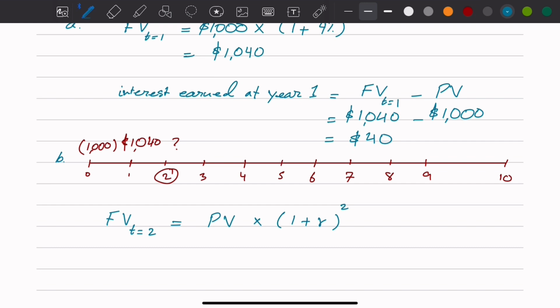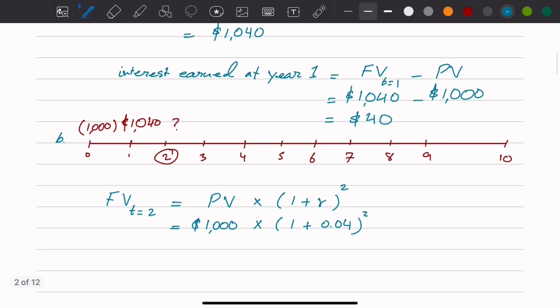Okay, the present value, or the principal, was 1,000 multiplied by 1 plus 0.04, which is 4%, to the power of 2.